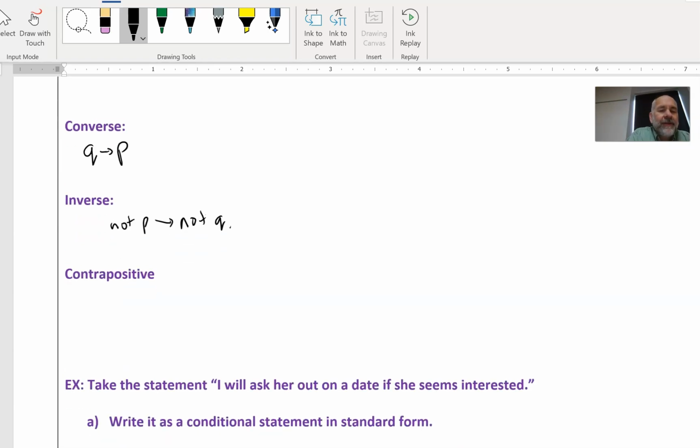And the contrapositive is if not Q, then not P. That just means not.